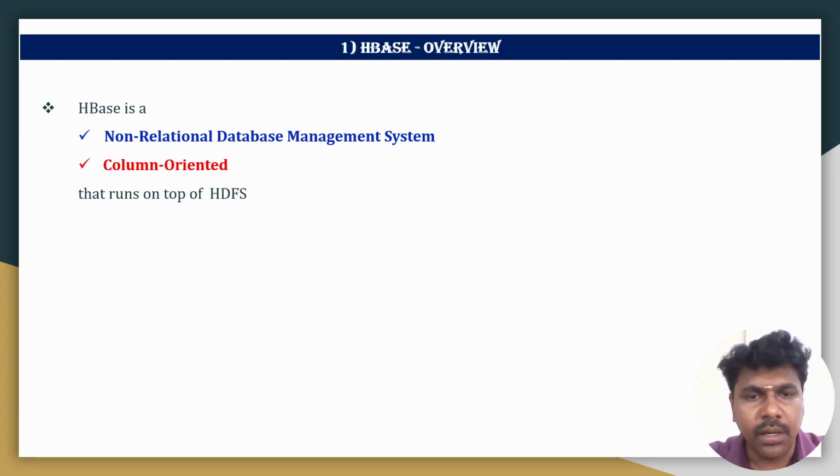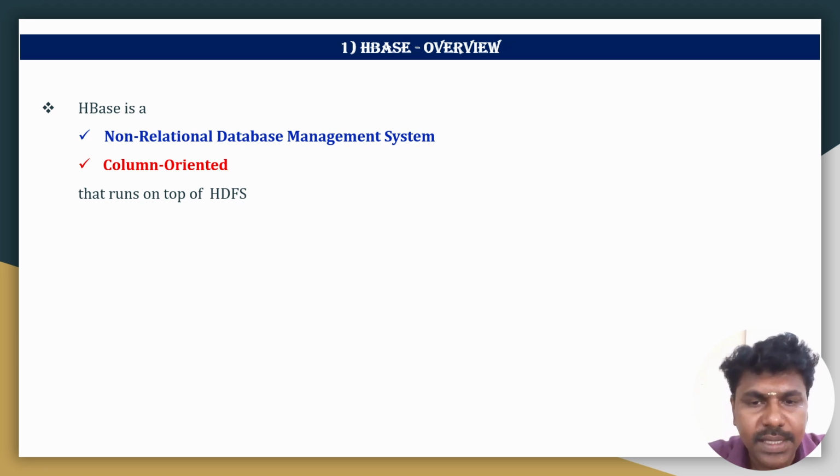So, HBase. First, it's Apache HBase. Apache HBase is a distributed, scalable, NoSQL database that is built on top of the Hadoop Distributed File System, and it is modeled after Google's Bigtable and is designed for storing large volumes of sparse, unstructured, or semi-structured data across clusters.